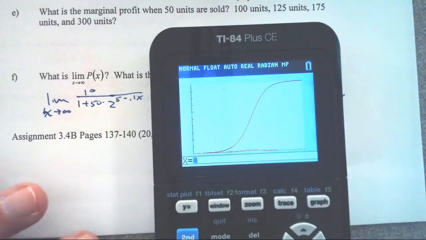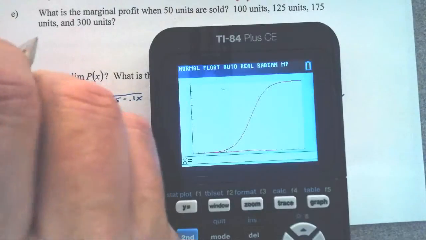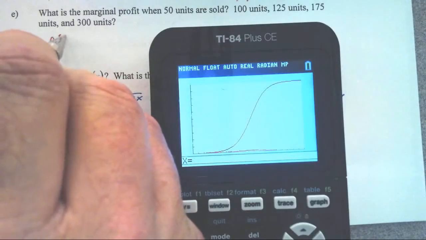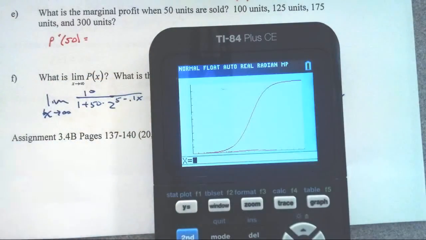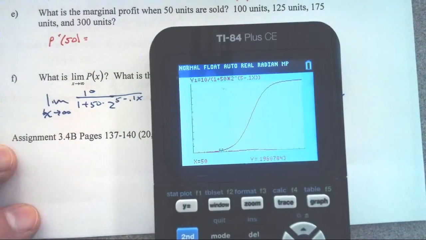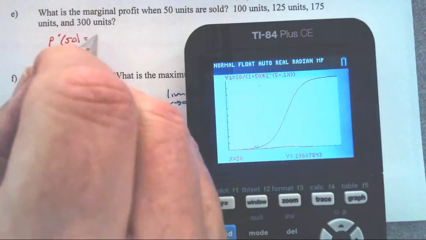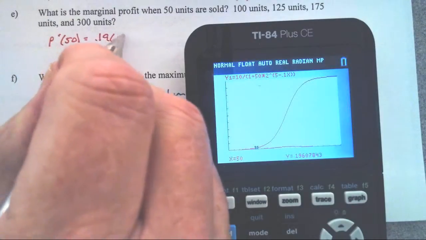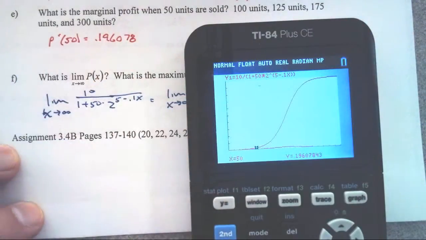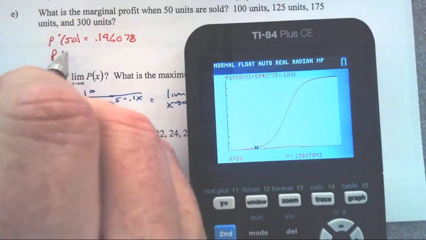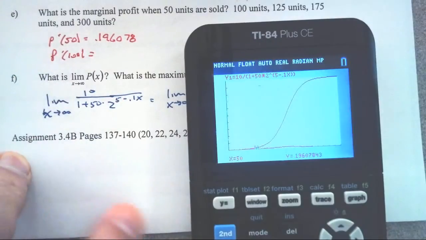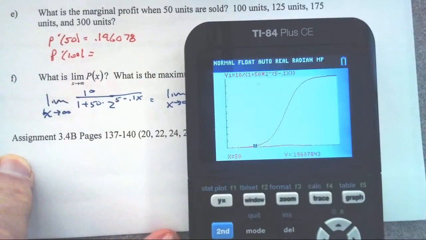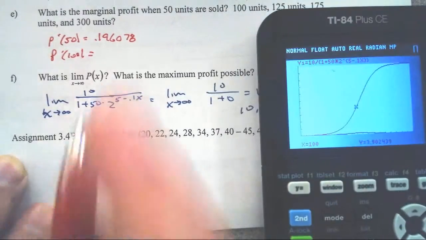And I want to find the value at, so that's our marginal, so this is P prime of 50 equals, I'm going to adjust this in just a minute, 0.196078, and then I'm going to do P prime of 100. Nice thing on second calc value is now all I have to do is just enter 100, hit enter, and I get 3.902439.